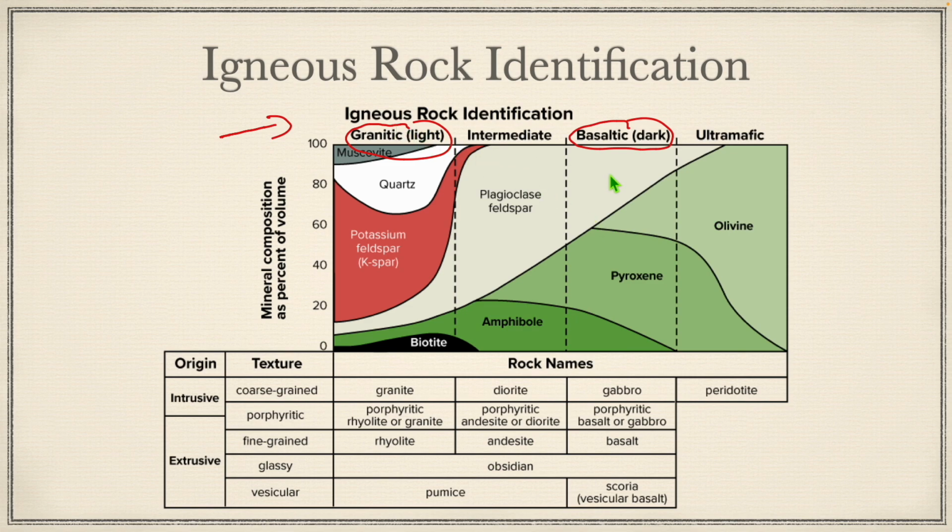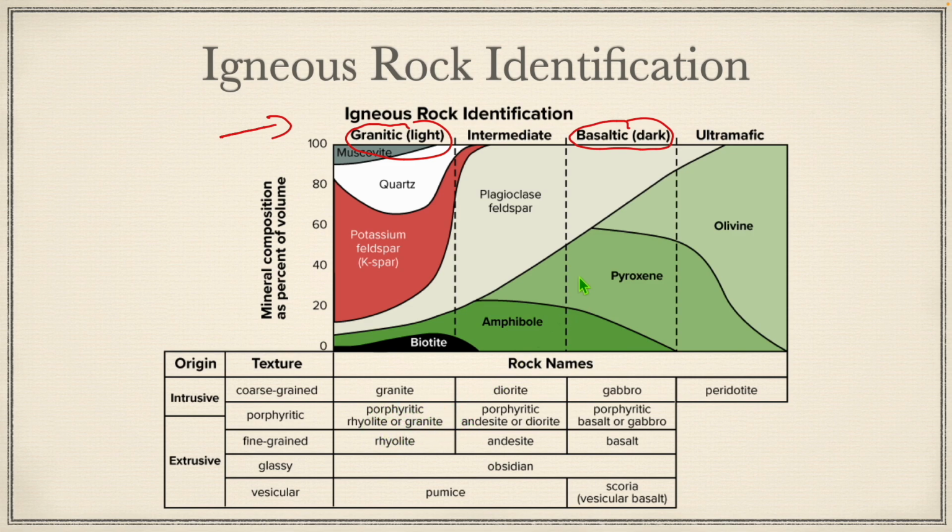But you start by looking at it. Is it light? Is it dark? And then look at the texture. Is it coarse grained? Is it porphyritic? Is it fine grained? Is it glassy? Is it vesicular? Etc. So, for example, if it's porphyritic and light colored, it's probably this porphyritic rhyolite or granite.